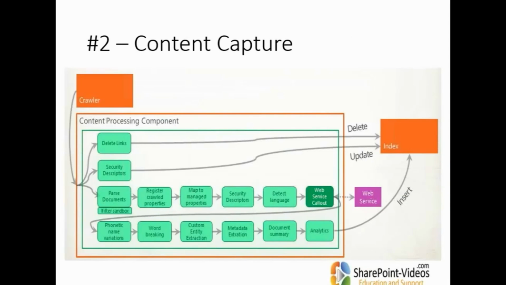The next step is the content capture. This happens with each item during the content processing. So there are three types of changes that can happen, and it's important during the incremental crawl because during the full crawl, each item will be crawled, obviously. So what could change?